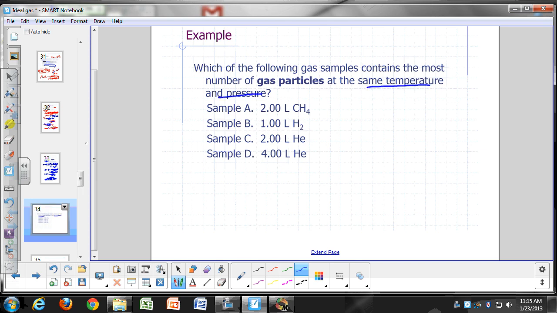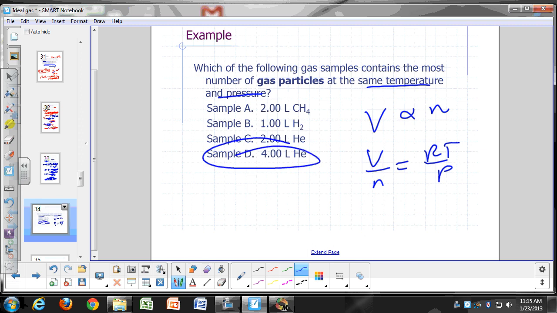What law is applicable? Avogadro's law, right? Volume is directly proportional to the number of moles. V over n is a constant, right? RT over P. So how can you tell which one has the most number of particles? Use volume. So the answer is D. Okay?